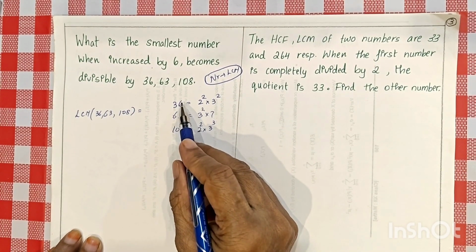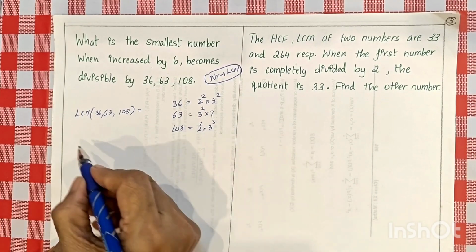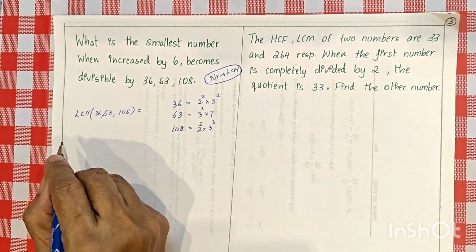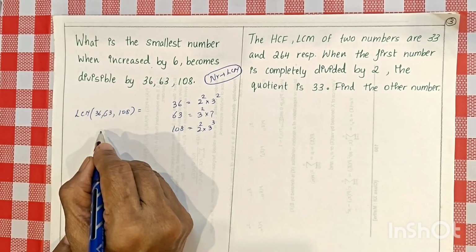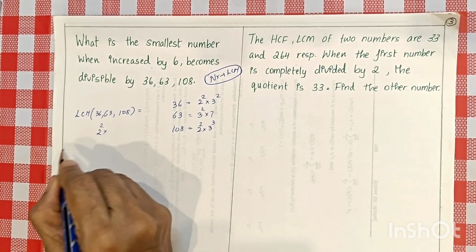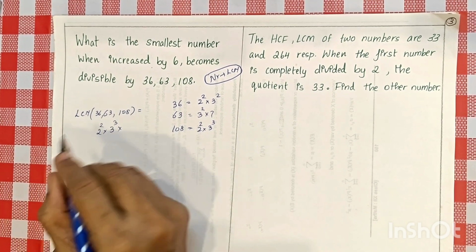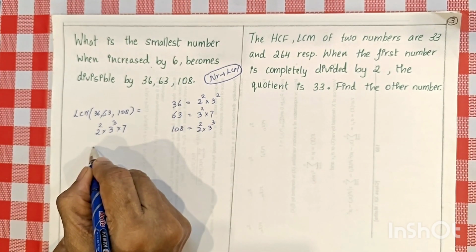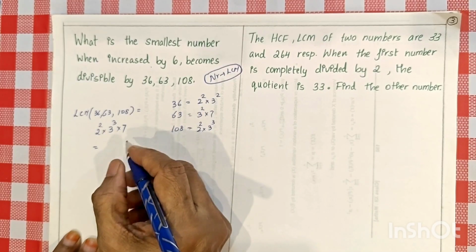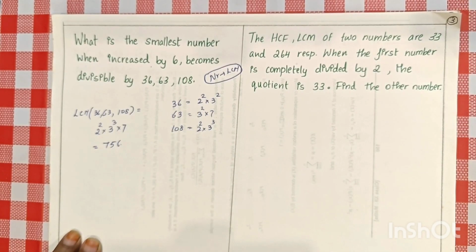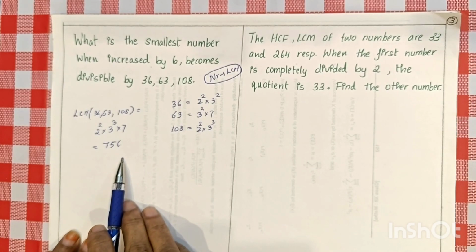So the prime factorization of the three numbers is this. From this, for LCM you have to take the highest exponent. So 2 square into 3 cube into 7. When you multiply, you will get 756. You can check it. Now this is not the required answer.